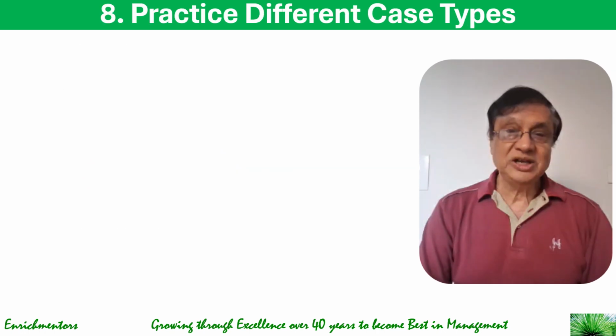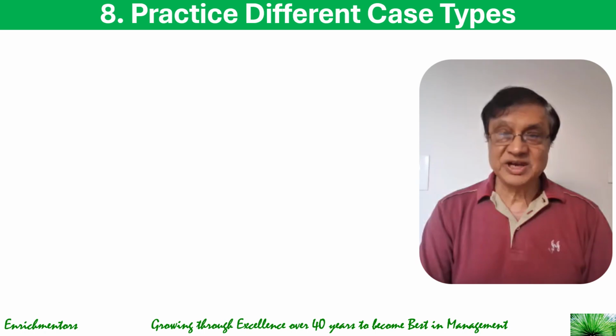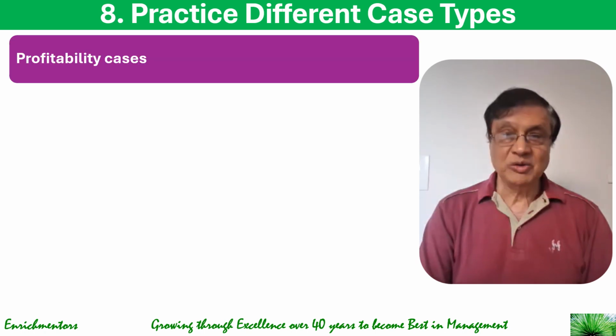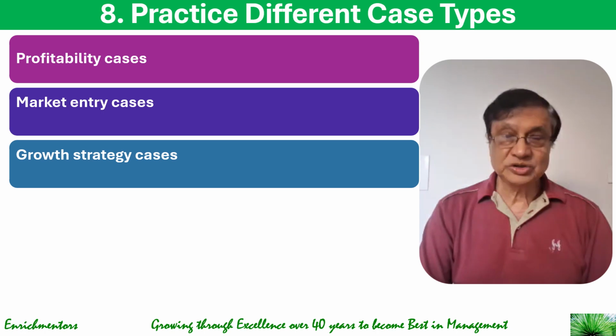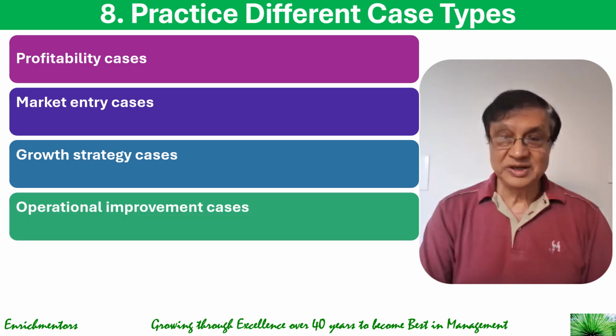Then you can also practice different types of cases. You can ask AI to simulate various categories of cases. The common business cases include profitability cases, as we saw, on why profits are falling. Market entry cases, in which you answer the basic question: should a company enter a new market? Growth strategy cases, in which you answer how to increase revenue.